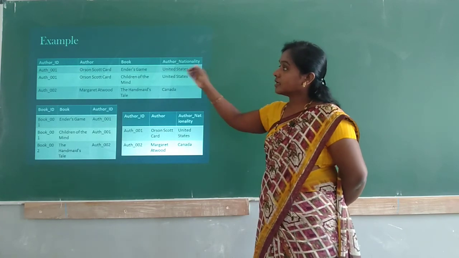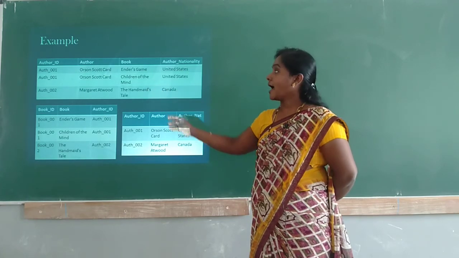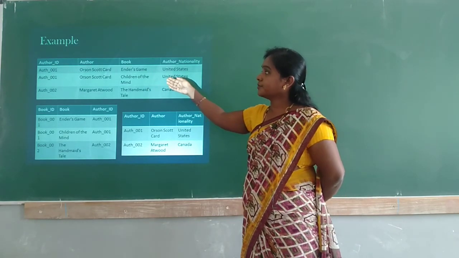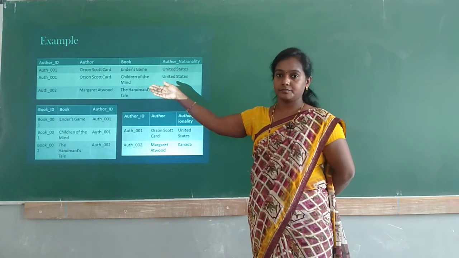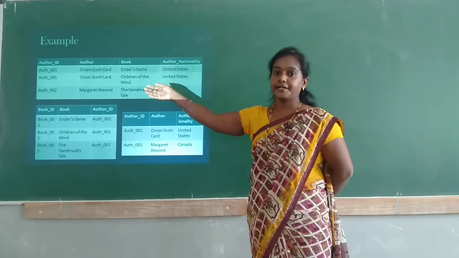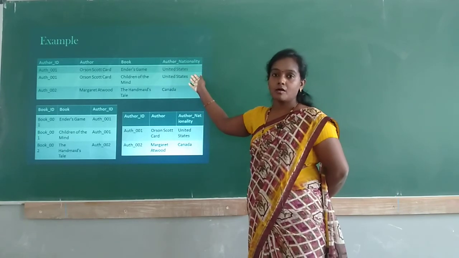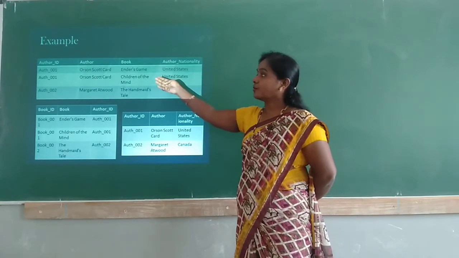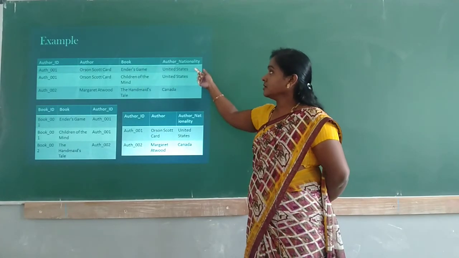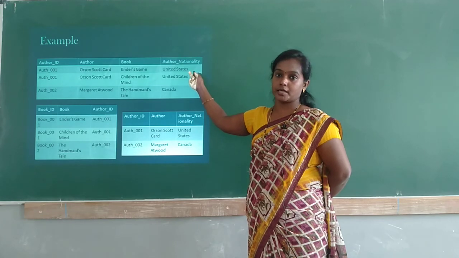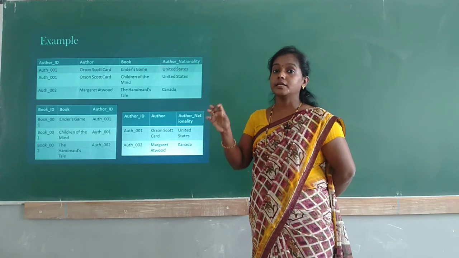Here the author ID is the key attribute, and knowing the book name, we can identify the author, and knowing the author name, we can identify the author nationality. ಅಲ್ವಾ? ಸೊ ಬುಕ್ ನೇಮ್ ಗೊತ್ತಿದ್ರೆ ಆಥರ್ ಯಾರು ಅಂತ ಗೊತ್ತಾಗುತ್ತೆ, ಆಥರ್ ಯಾರು ಅಂತ ಗೊತ್ತಿದ್ರೆ author nationality ಗೊತ್ತಾಗುತ್ತೆ. So in the same way, here non-key attributes are deriving non-key attributes.